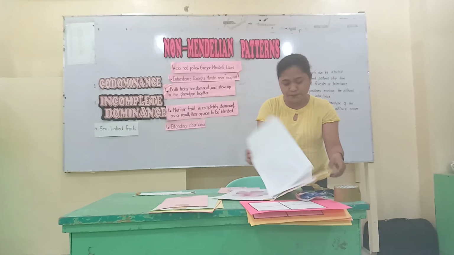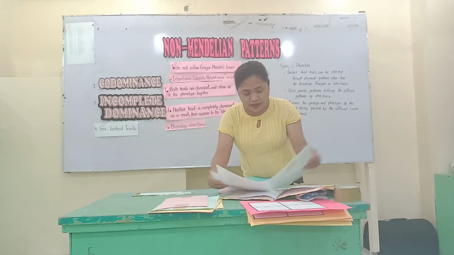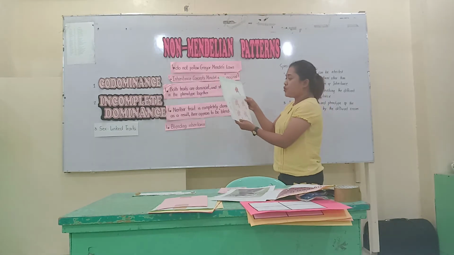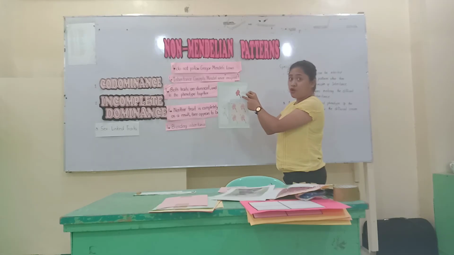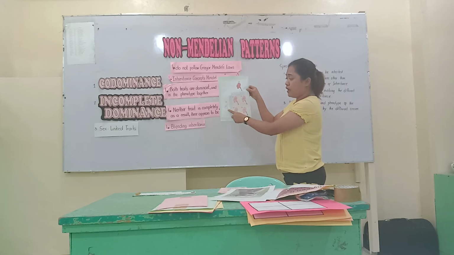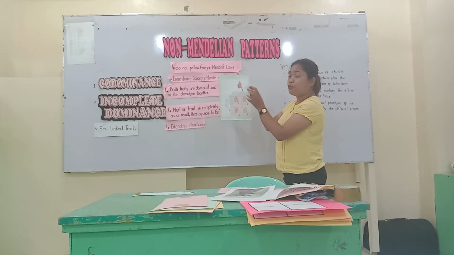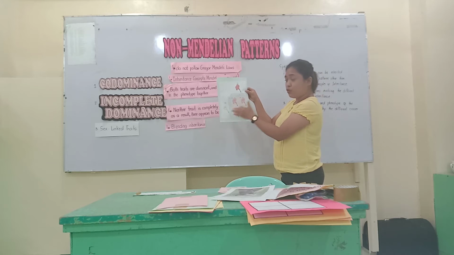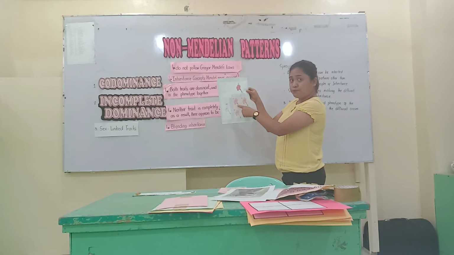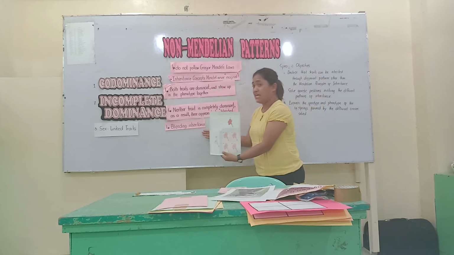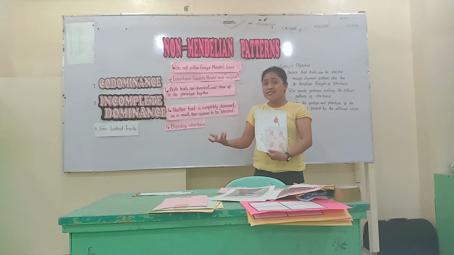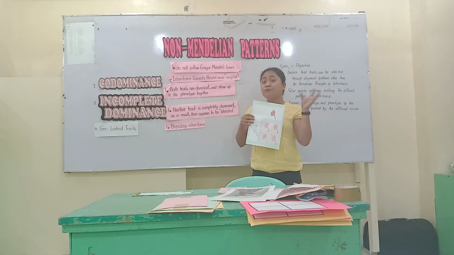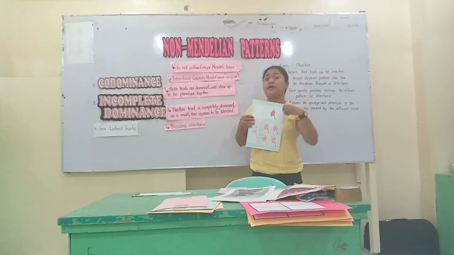Okay, for example, what if you have here red 4 o'clock flower and white 4 o'clock flower. A breed between a red 4 o'clock flower and white 4 o'clock flower yields in pink 4 o'clock flower. So naay blending inheritance. Kung i-mix nimo ang puti o ang puwa, ang resulta mahimong pink.